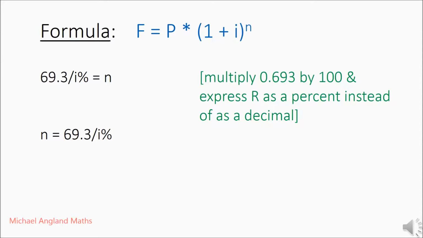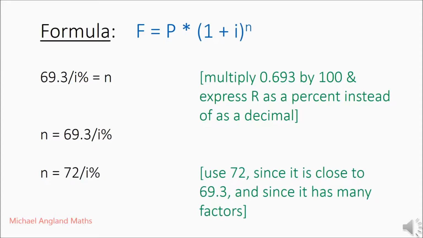The only thing that's happened here is that I've turned this around so that we have the subject, n, on the left-hand side, which is what we typically do. N is equal to 69.3 over I as a percentage. And that brings us to the last step, which is to have changed 69.3 to 72. Why?